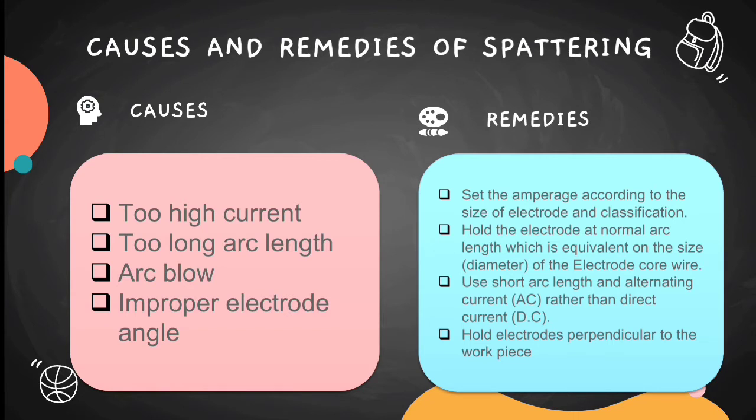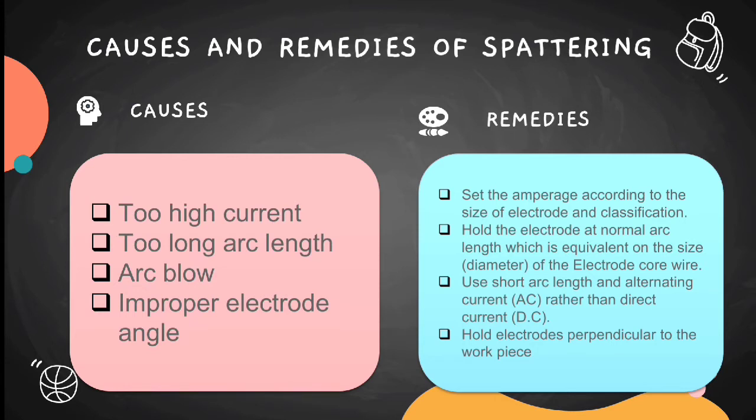We also use too long arc length. And also, there is an arc blow. And maybe we are using improper electrode angle. So, to solve this defect, we should set the amperage according to the size of electrode and classification.